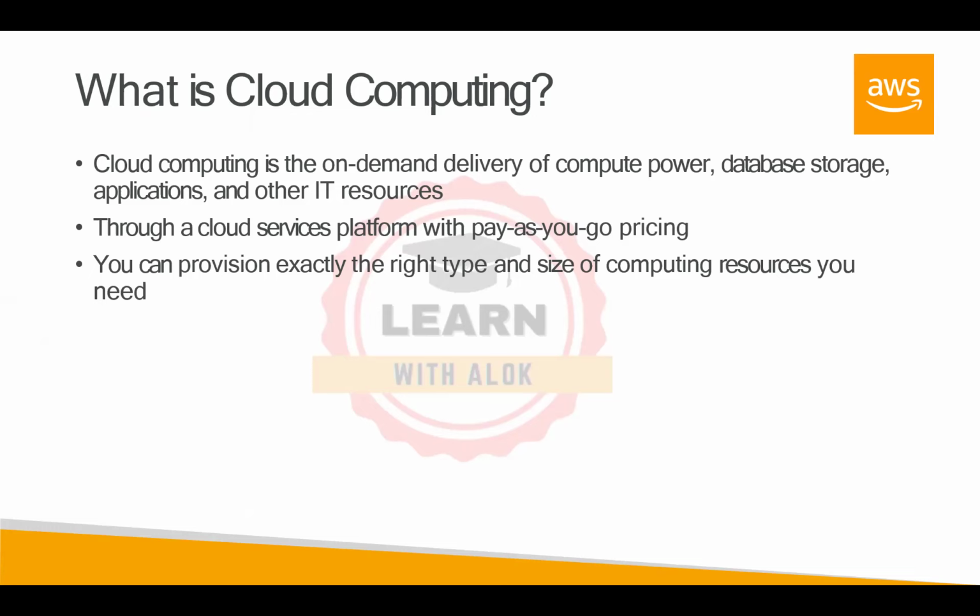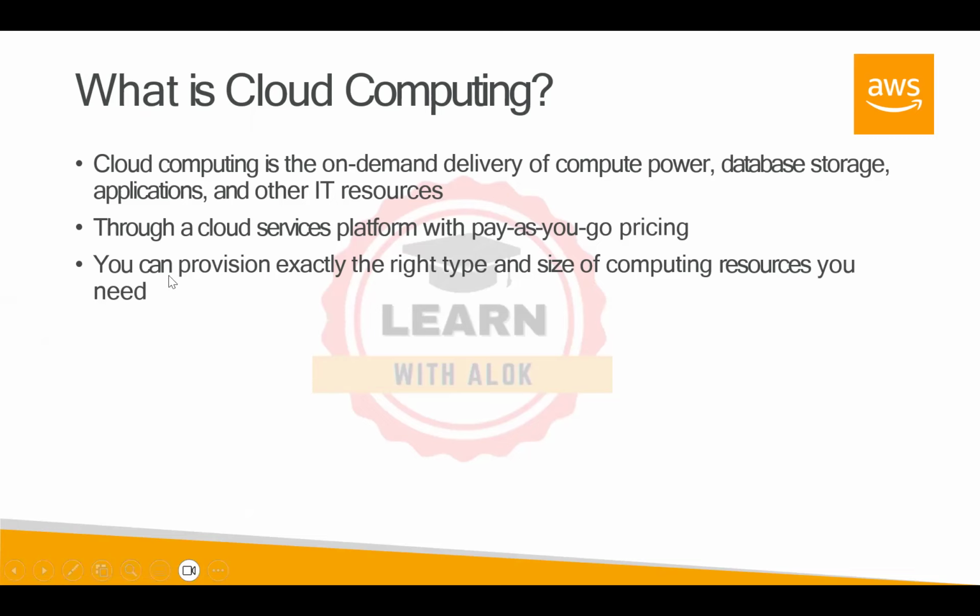If you utilize it for, suppose, 2 or 3 days for some computation, then you will only be charged for those 2 or 3 days. In fact, it is on a per minute basis. So if you utilize it for 1 hour 57 minutes, then you will be charged for 1 hour 57 minutes only. So that's the flexibility with the pricing we have in case of cloud computing.